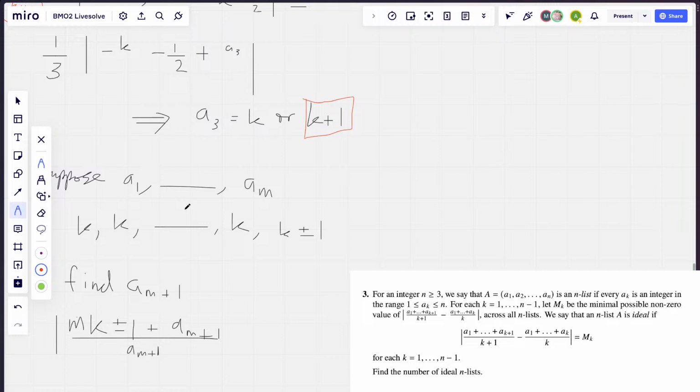Oh, you just fix the sum. You just fix the sum rather than fixing the sequence. Right. Do you get me? Yeah, yeah, so that's fine.